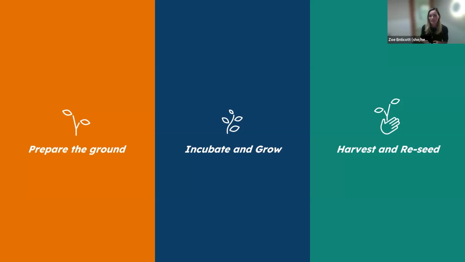And then harvest and reseed is all about codifying the design. So bringing it all back together and thinking about, okay, what actually is stewardship now that we've done all of this work? What does it look like? How has it evolved over time? And what might that mean for further investment in stewardship? So each phase has what we call adaptive and technical activities, and there's also outputs.